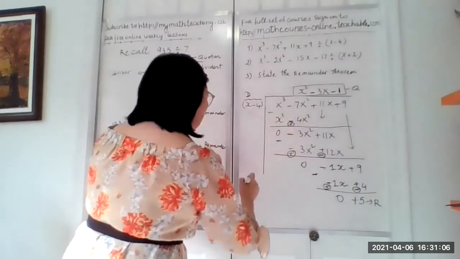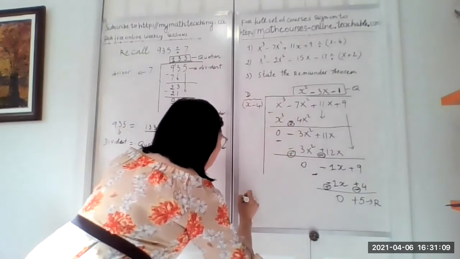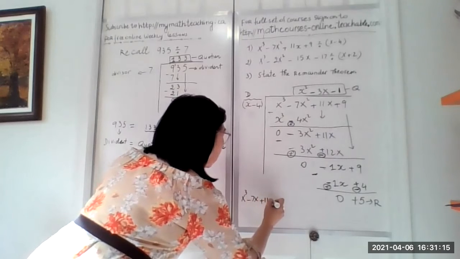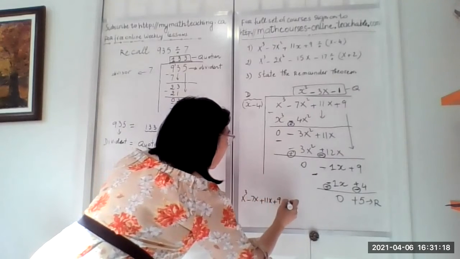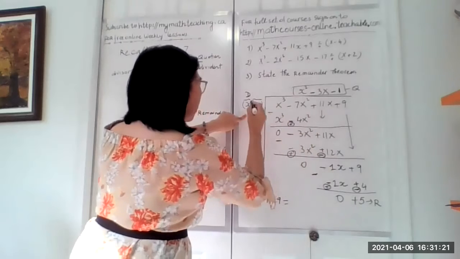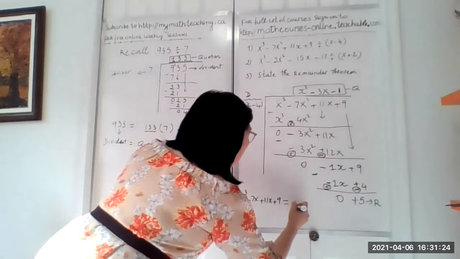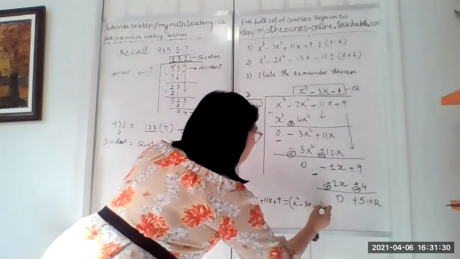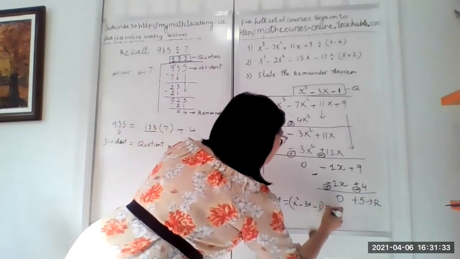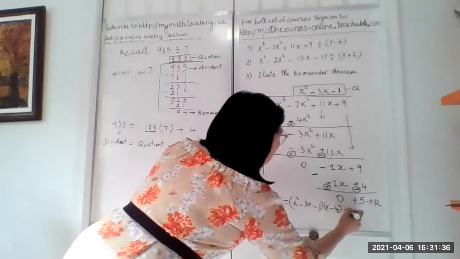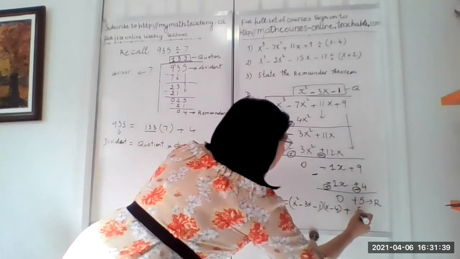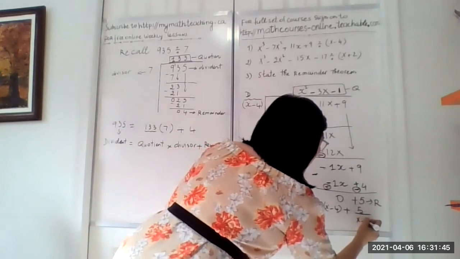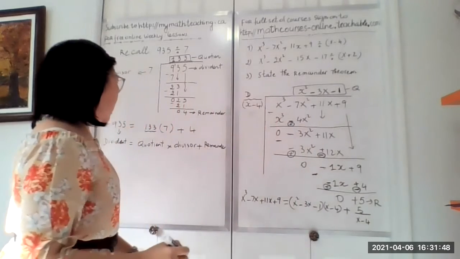In our division, I will say x to the power 3 minus 7x squared plus 11x plus 9 will be equal to the quotient multiplied with the divisor, which is x squared minus 3x minus 1, let's put them in brackets, multiplied with x minus 4, put in brackets, adding with 5. But remember this 5 has to be continued to divide by x minus 4. We do not just stop like that, right?